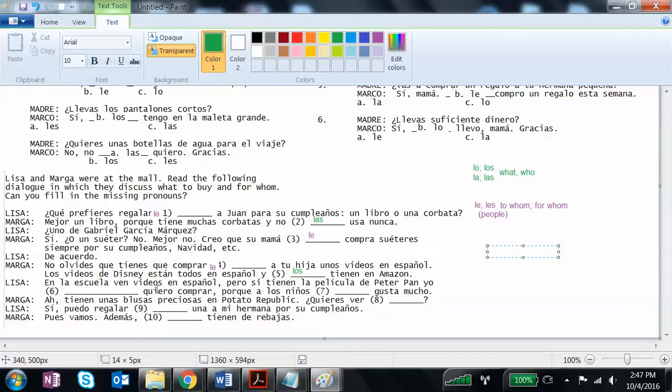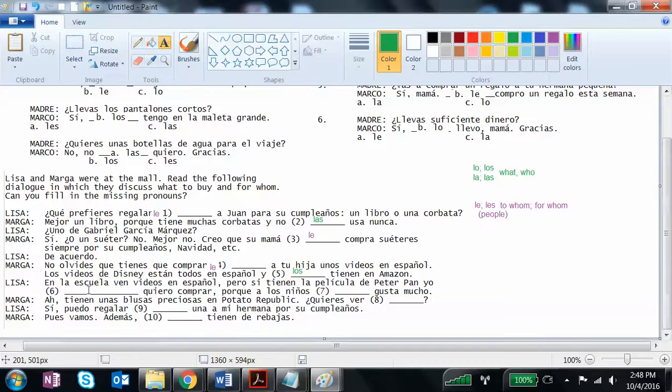En la escuela ven videos en español, pero si tienen la película de Peter Pan, yo quiero comprar porque a los niños les gusta mucho. If you have the movie Peter Pan, I want to buy it. You're not buying it for somebody, you're talking about for whom later, you're just saying you want to buy it, and it would go with película, which is feminine, so you want to match película, which would be la.